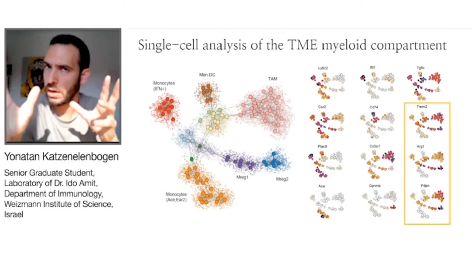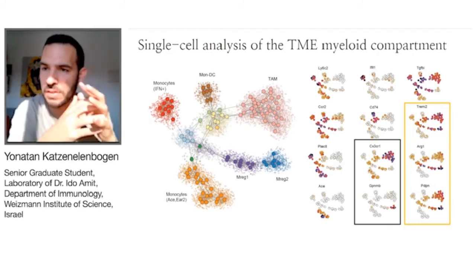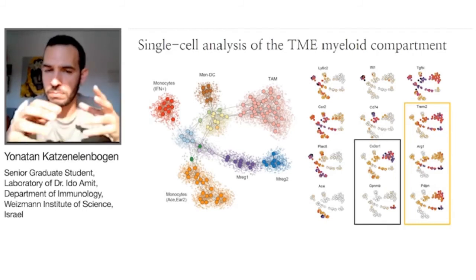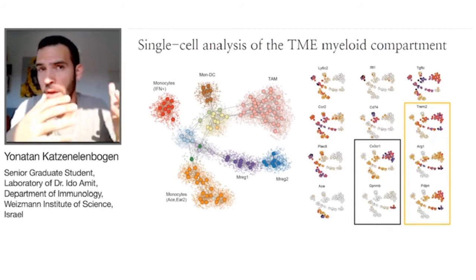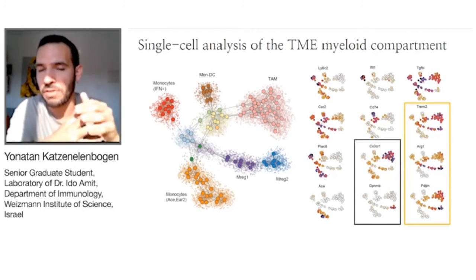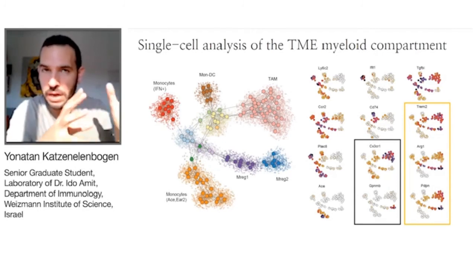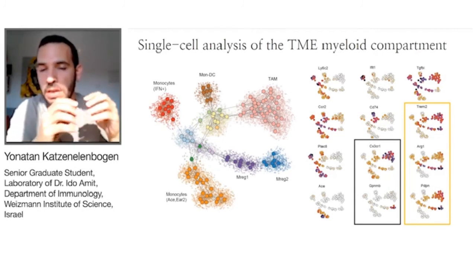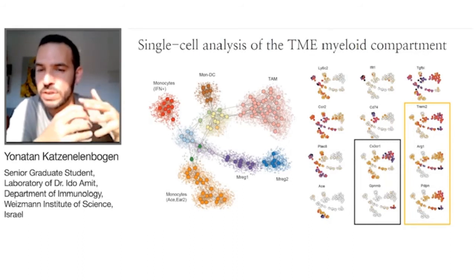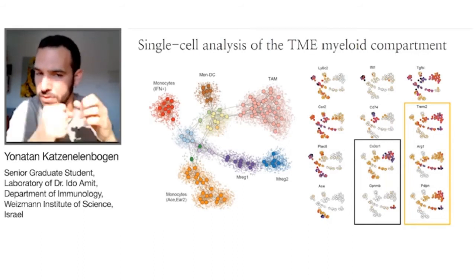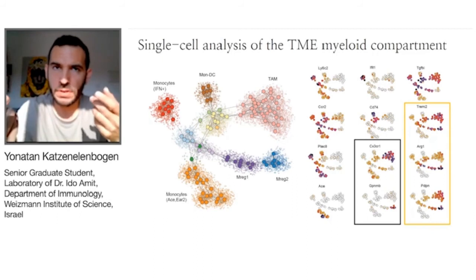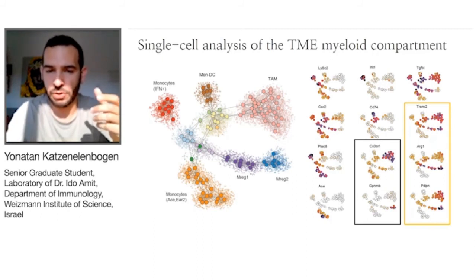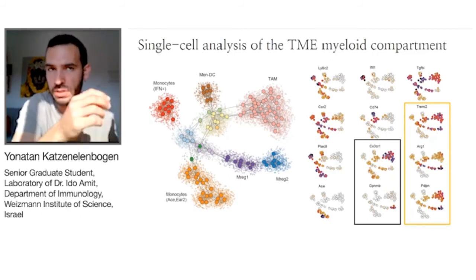The other thing that we defined was a unique subpopulation, which we call MREG, which stands for regulatory macrophages, highly ARG1 positive cells, which can be characterized by increased expression of GPNMB, which is another surface marker.